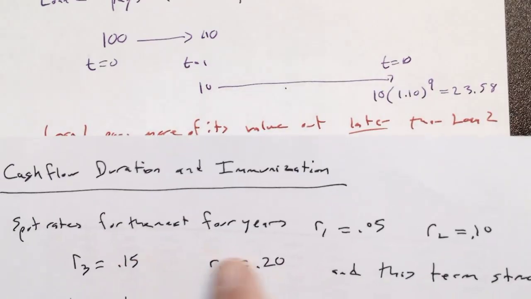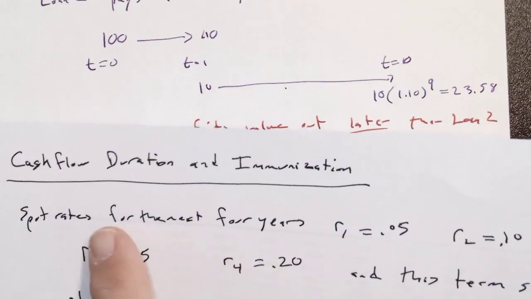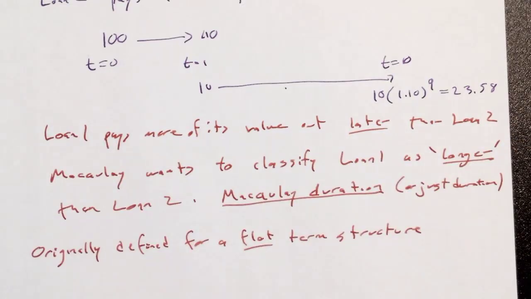This thing is our term structure, our list of spot rates. What does it mean for our list of spot rates to be flat?